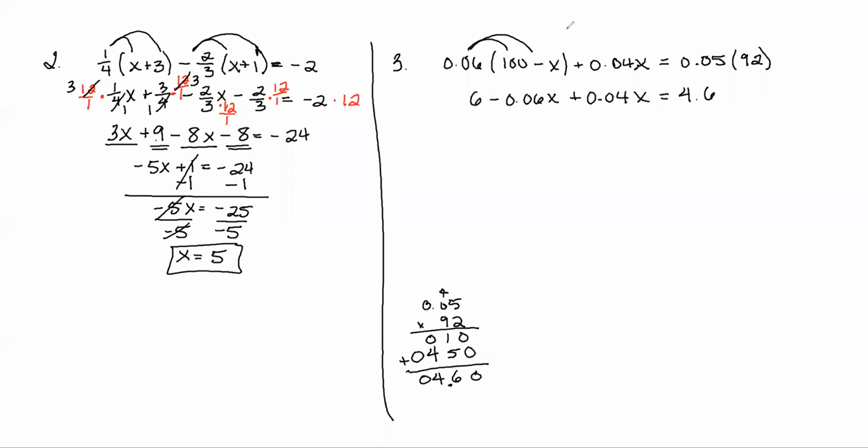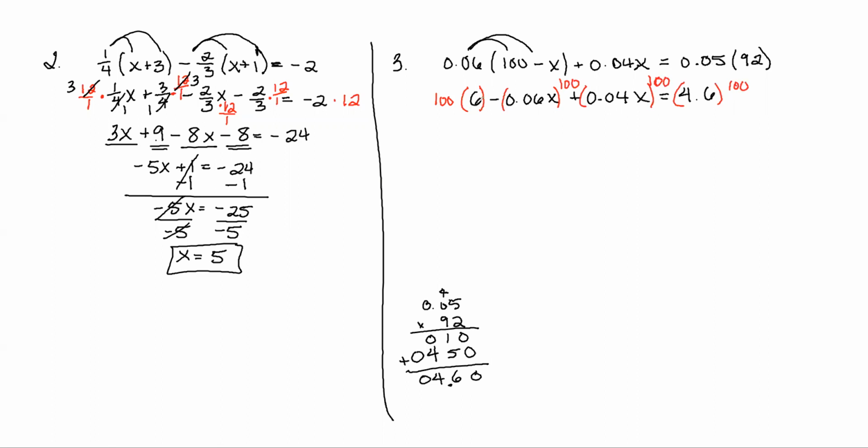And we want to do the same thing. We want to multiply every single term by 100, even if it doesn't have a decimal. So let's go ahead and multiply this 6 by 100. We'll multiply this term here by 100, this 0.04x by 100, and this term on the right by 100.